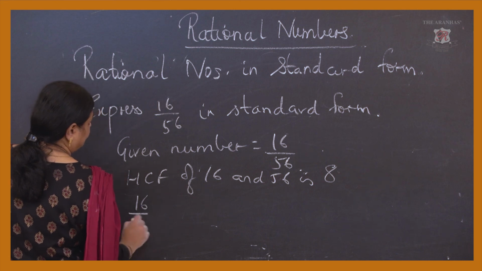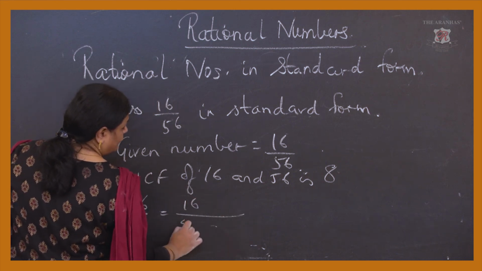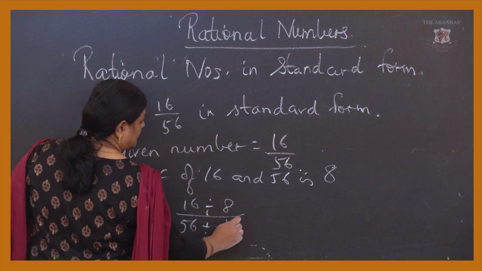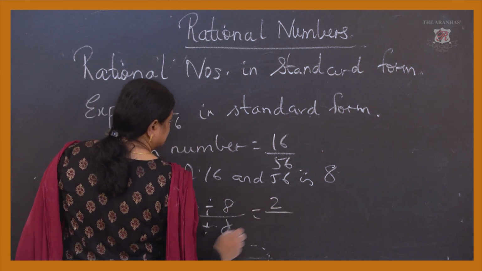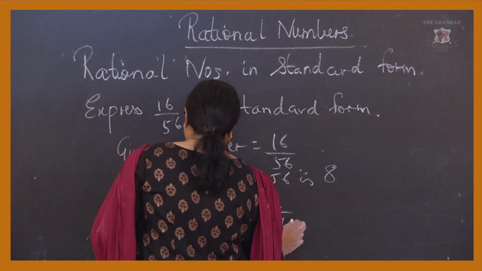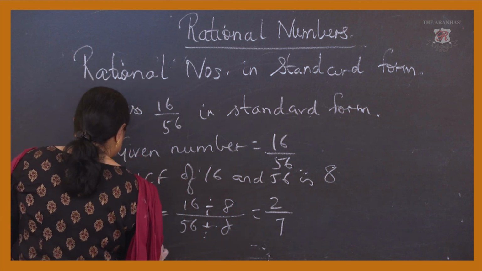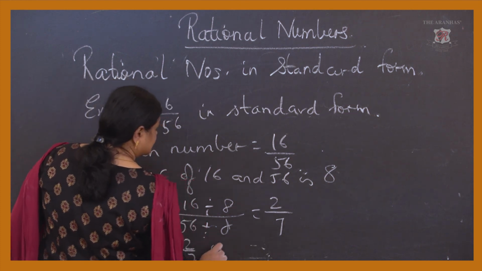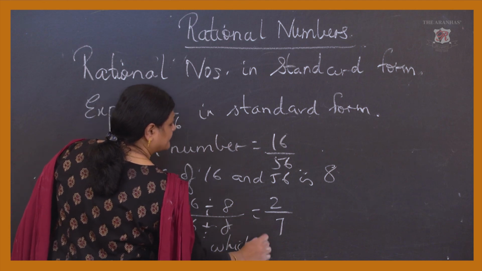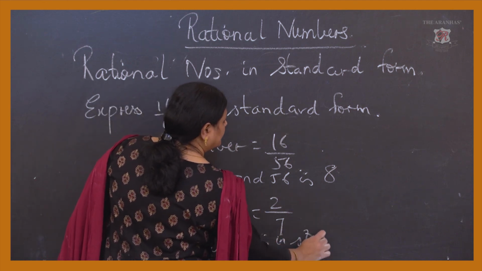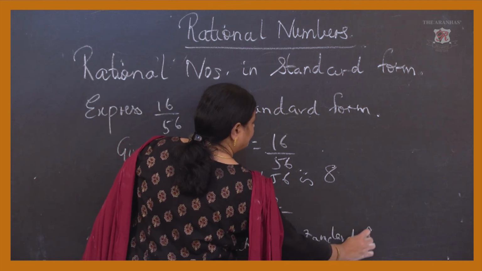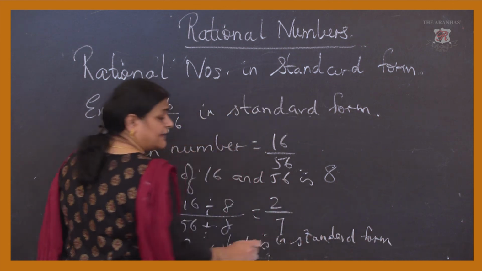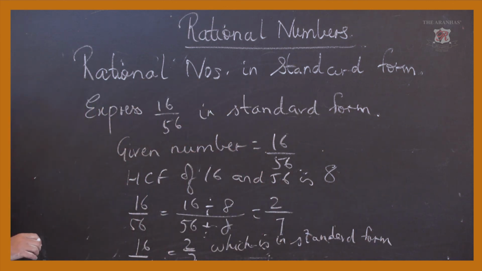So 16 upon 56 is equal to 2 upon 7, which is in the standard form. This is the way we are going to do this particular sum.